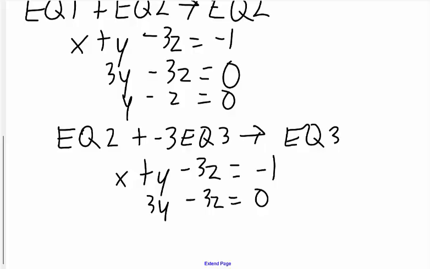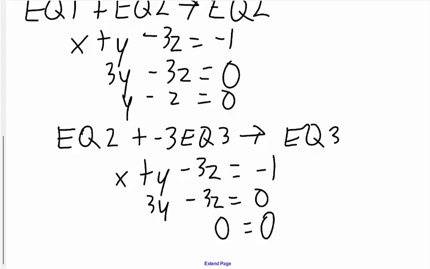If we multiply the third one by -3 and add, -3 times y is -3y, and 3y cancel out. -3 times -z is 3z, and 3z and -3z cancel out. Let's just put something here, 0. -3 times 0 is 0, plus 0 is 0. 0 equals 0 is a true statement.